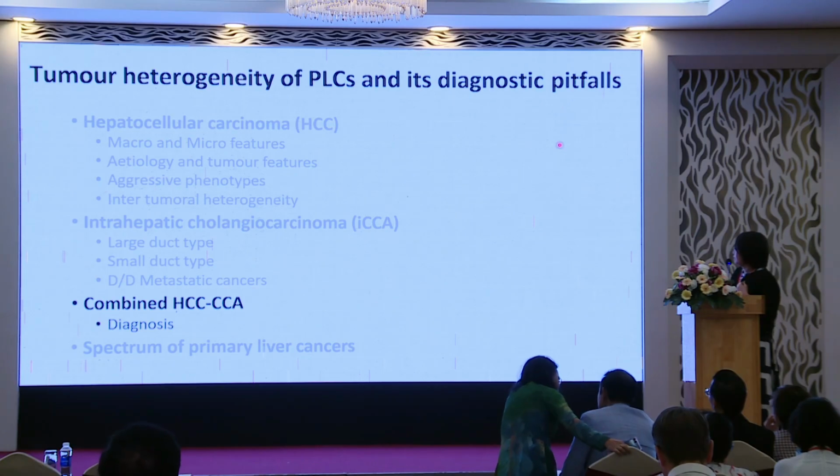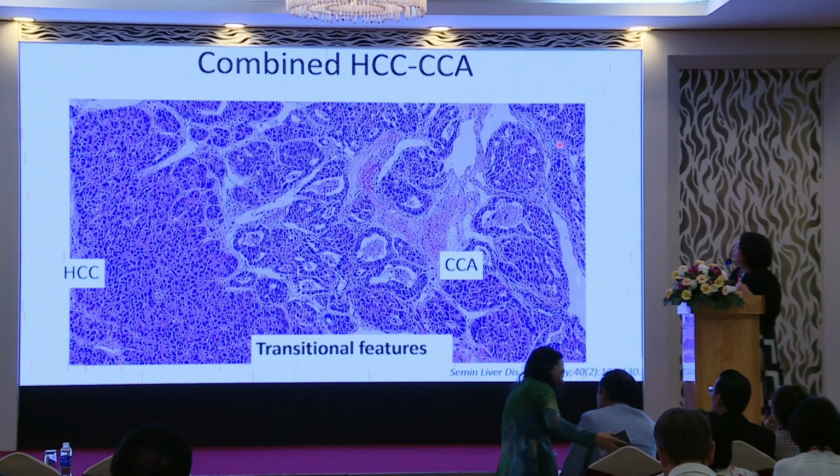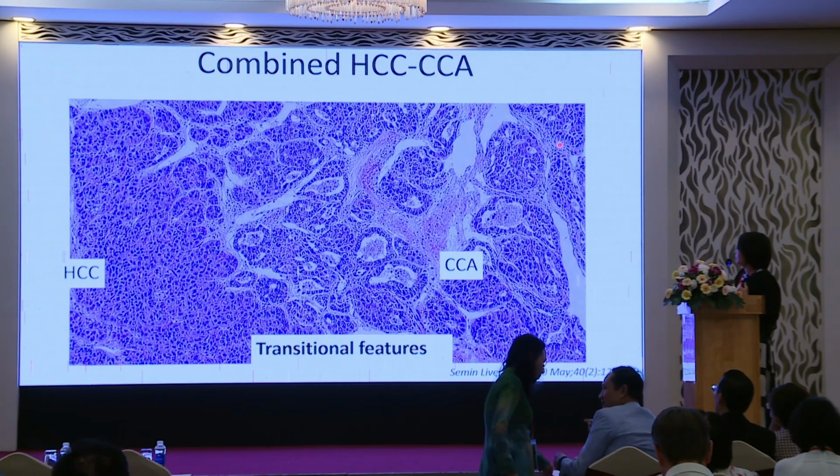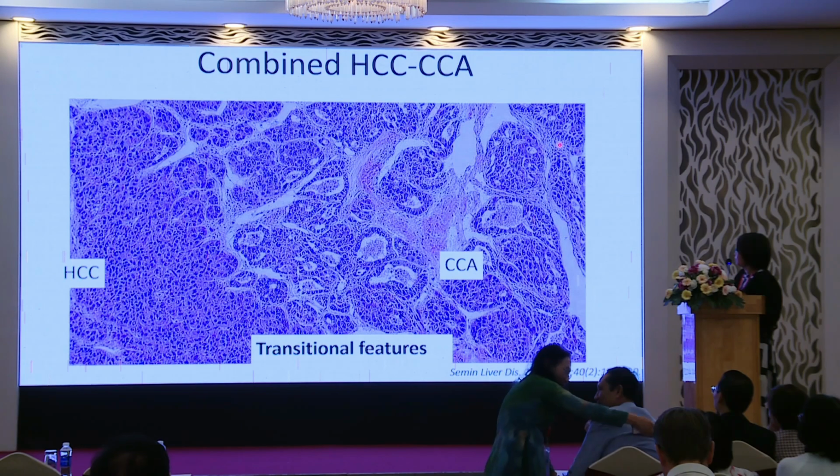So now we are moving on to the combined HCC and CCA. The combined HCC and CCA is a tumor comprising two different aspects, HCC and cholangiocarcinoma, and these two different features show a transitional aspect.